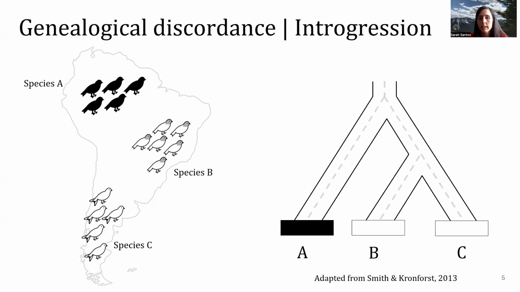And how we see that is sometimes, of course, we'll have an adaptation that happens. So in this case, let's say that the hybrids hybridize with species B and introduce this new feather to their head, so a new color. So now they have gray heads. And that somehow contributes to their adaptation to the environment. But of course, not always. We're not always able to see that phenotypically. We don't have that characteristic.